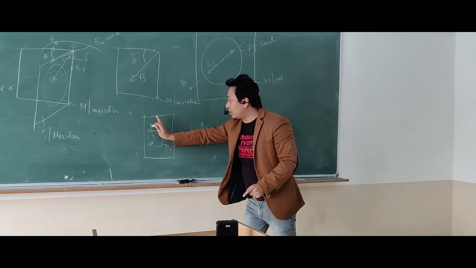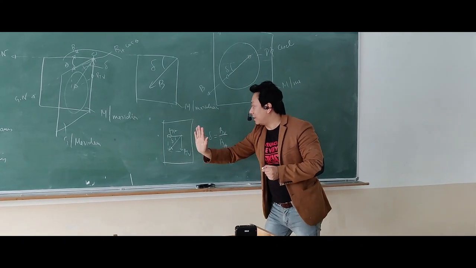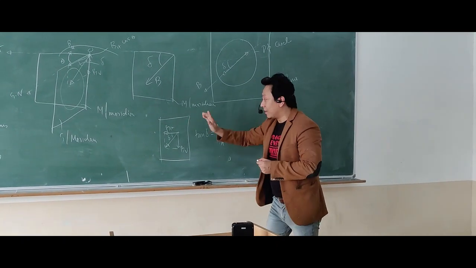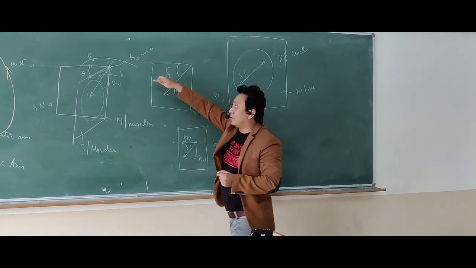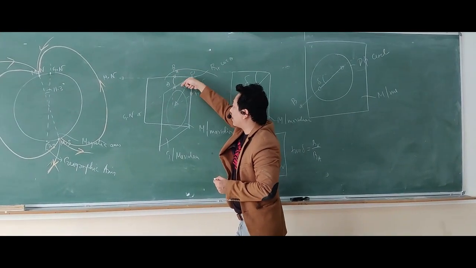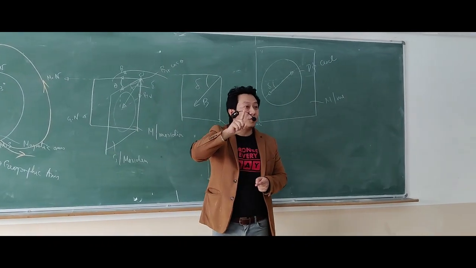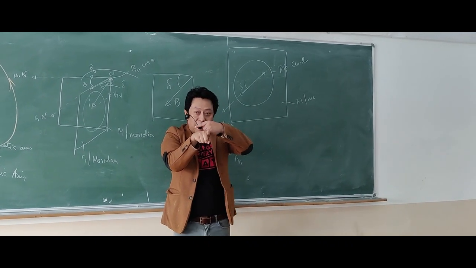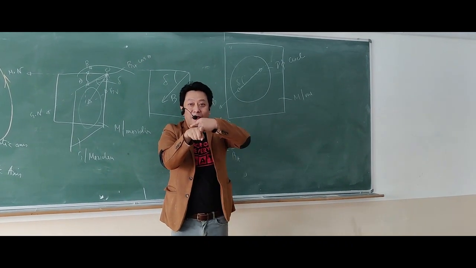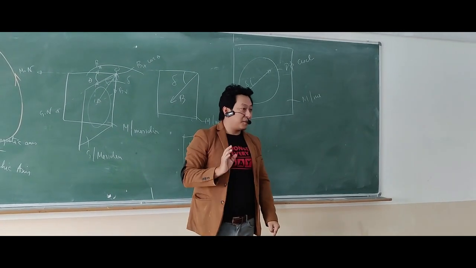But the moment you change this plane, if you keep this dip circle in any other plane like here, then you have to take the component of BH in this direction. So the component of BH in this direction will be what? BH cos theta. From class 11 you should know a vector A making an angle theta with a line has what component along that line? A cos theta.